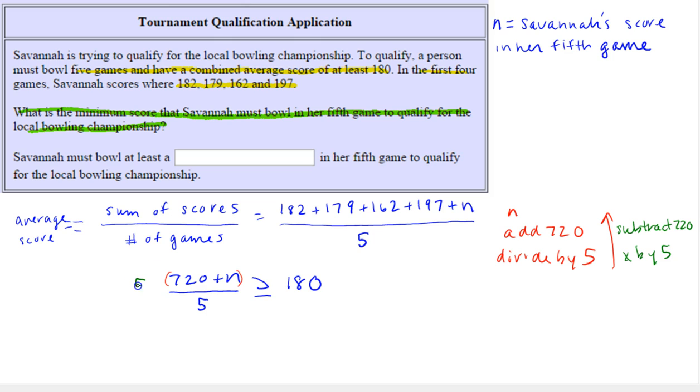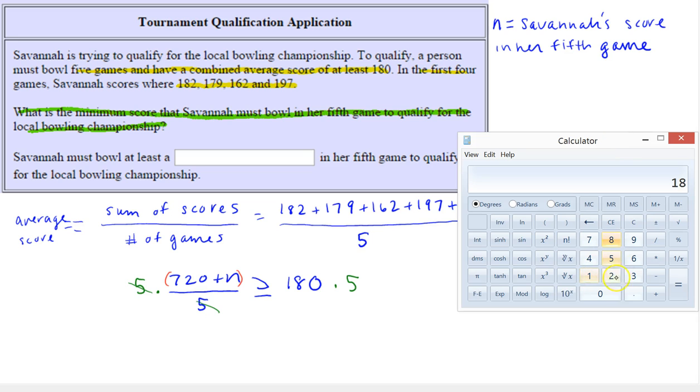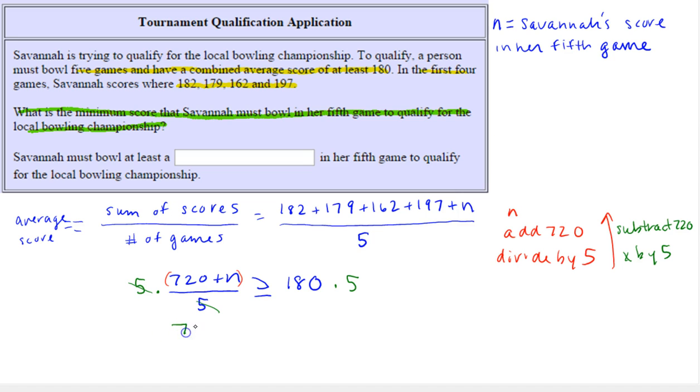So multiply this side by 5 and this side by 5. And here the 5's cancel. 180 times 5 is 800, but let's just check that on the calculator. 180 times 5 is 900, whoops, good thing we checked it. 720 plus N is greater than or equal to 900.